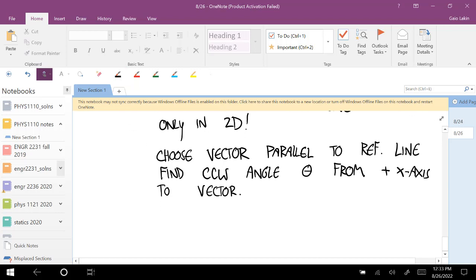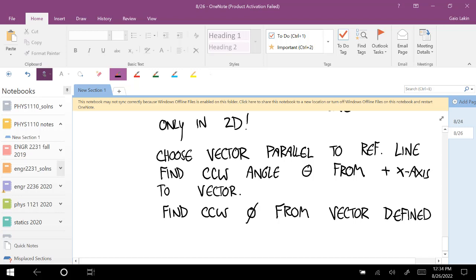And then second, find the counterclockwise angle phi from the vector defined above to the desired vector.